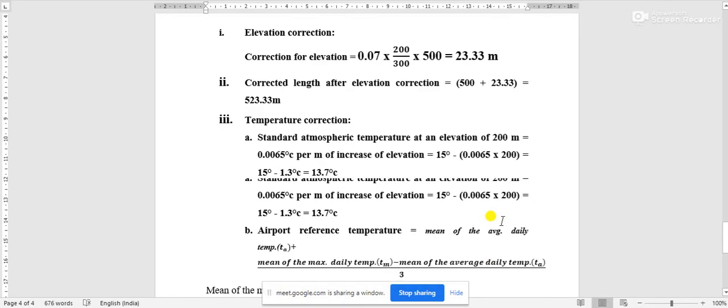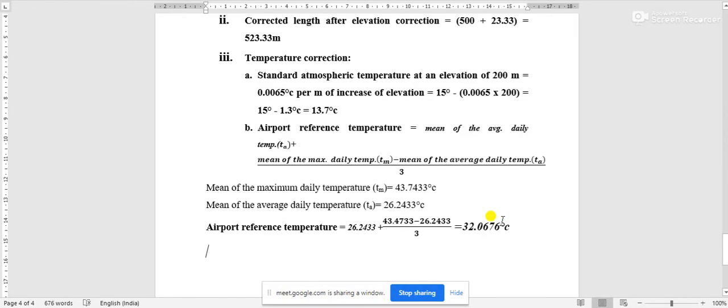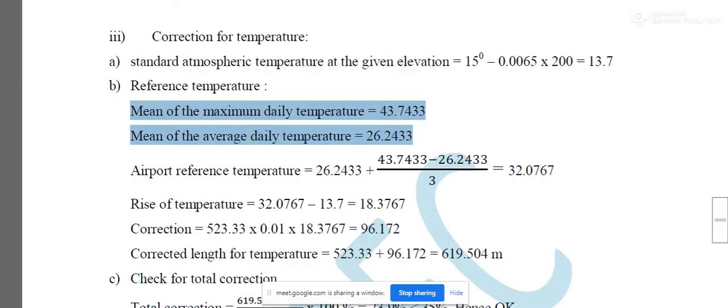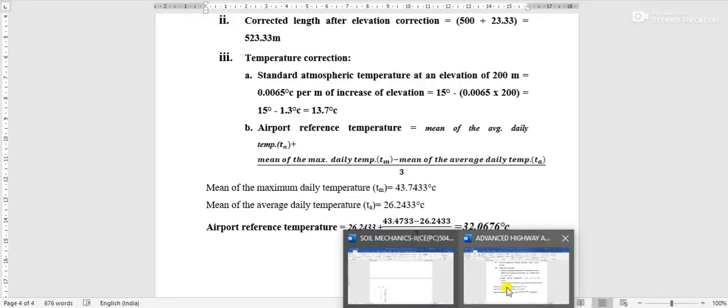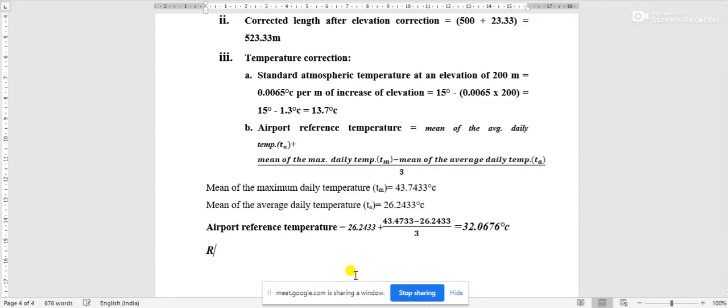Now next is to calculate the rise of temperature, and then the correction for temperature. Rise of temperature means 32.0676 minus 13.7.